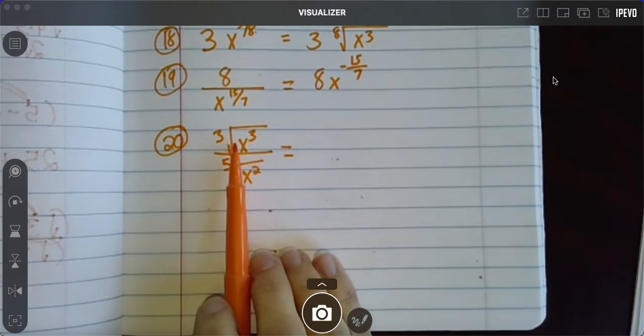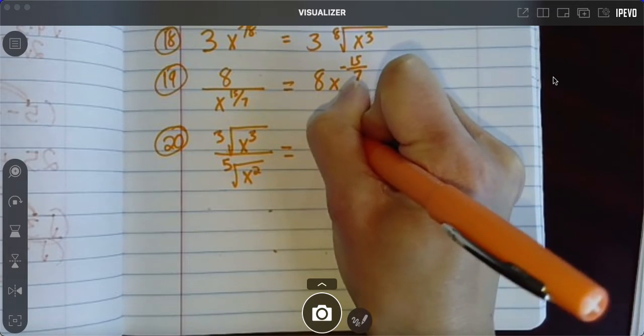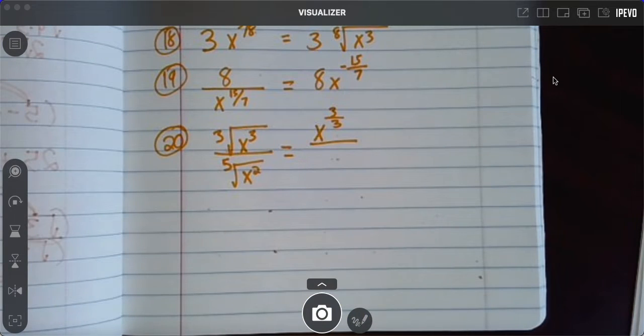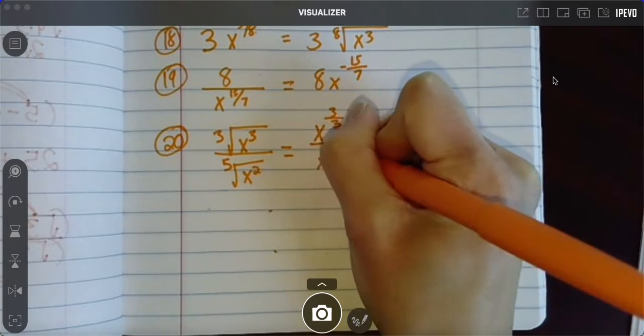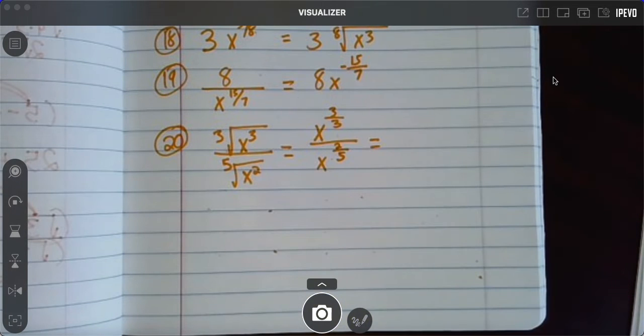I'm going to put x to the 3 over 3. In my other one, remember the root goes in the bottom, like a plant, roots are in the bottom. So, x to the 2 over 5. Then we just subtract. If you're terrible with fractions, that's what this thing's for.